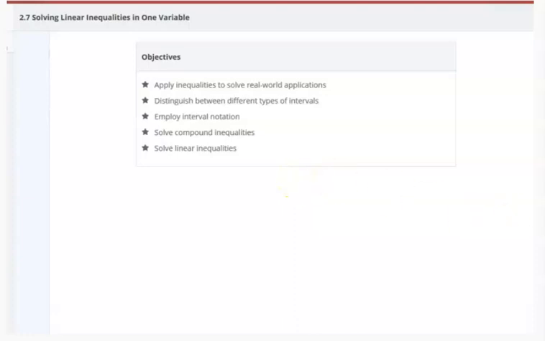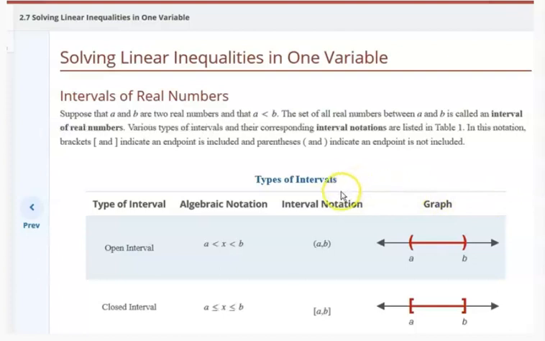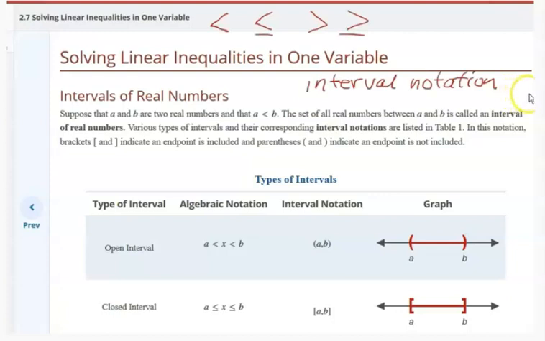When we talk about inequalities, some of the background, and this will just be for review, is the symbols of inequalities, and this is a review from past lessons. This is the symbol for less than or equal to, greater than or equal to.